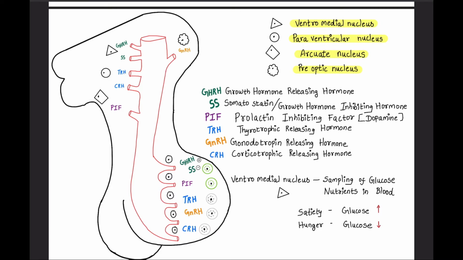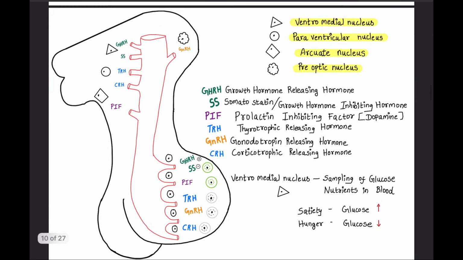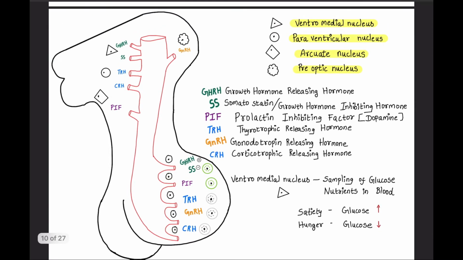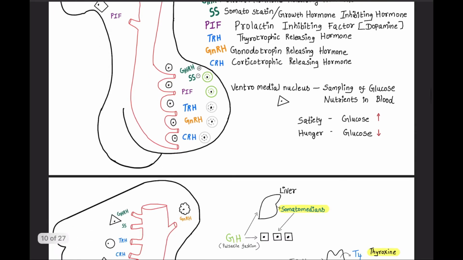Now these hormones are released from their respective nuclei, and they pass through the portal system, that is the vascular connection from the hypothalamus to the anterior pituitary gland. In the anterior pituitary gland, what kind of cells do you have?